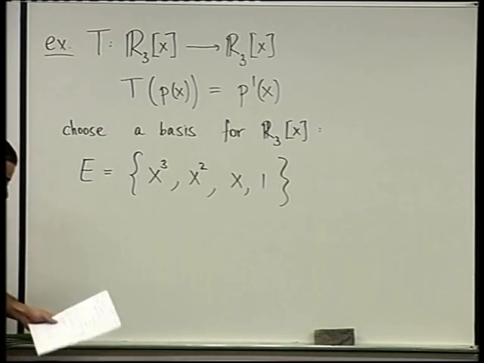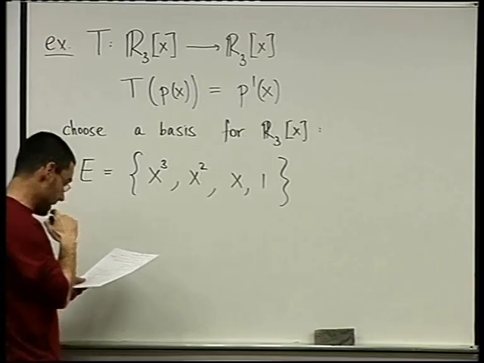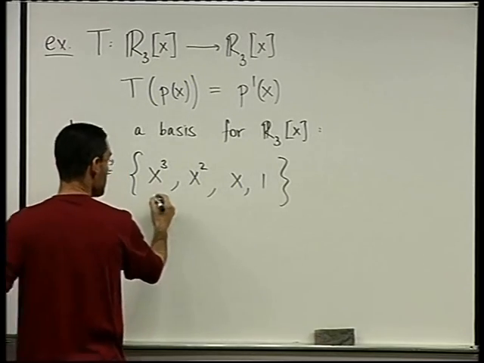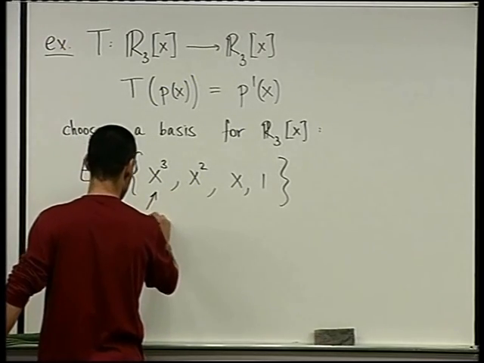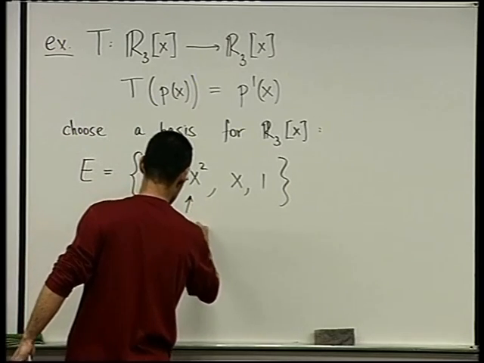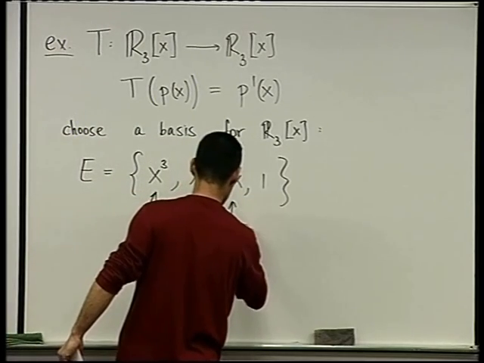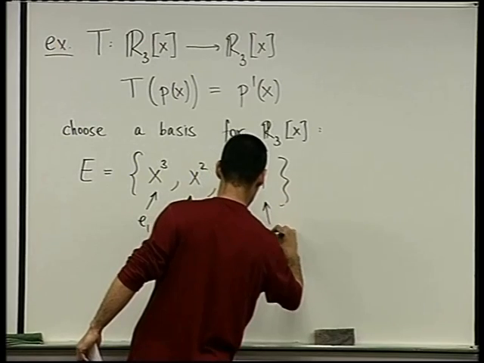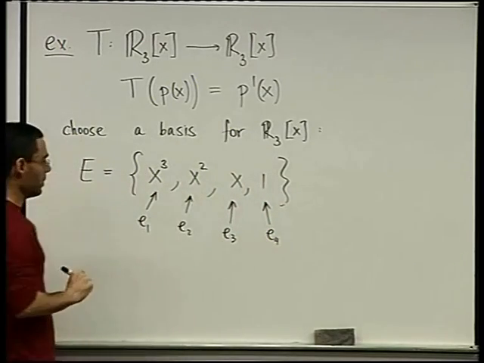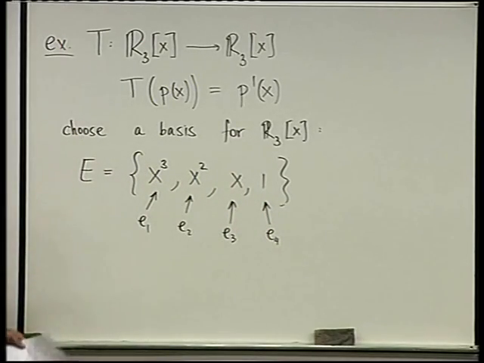Do you agree? Everybody? And let's give these guys names. This is going to be e1, this is going to be e2, this is going to be e3, and this is going to be e4. The elements of the standard basis. Okay?